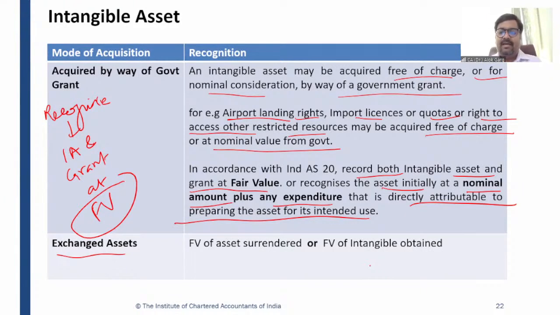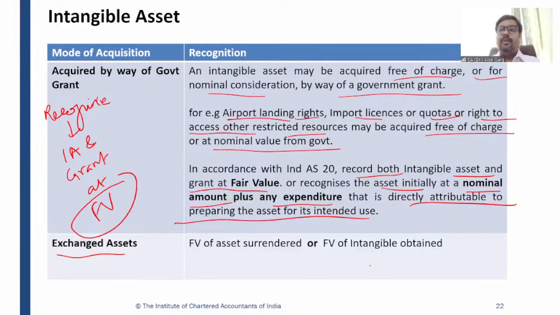The standard says that if the transaction does not have commercial substance, then you have to recognize the intangible asset at cost. When I say cost, it means the WDV of the asset which you are surrendering, right? So your cost of the intangible asset is equal to the WDV of the asset surrendered, plus cash if you have paid any.